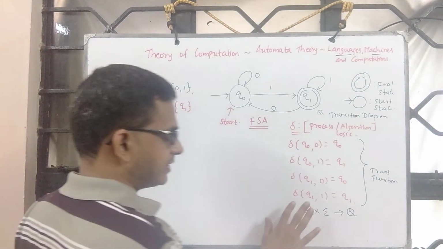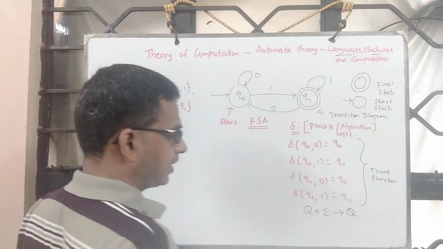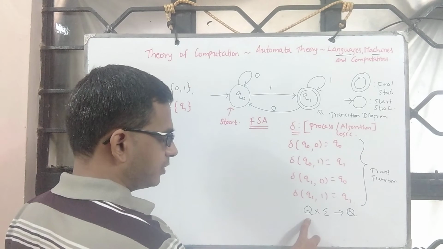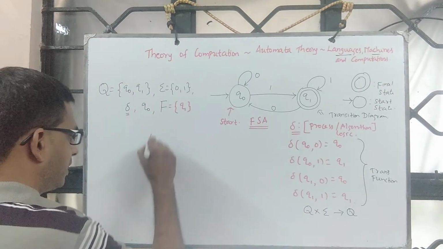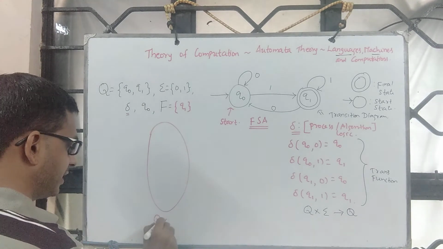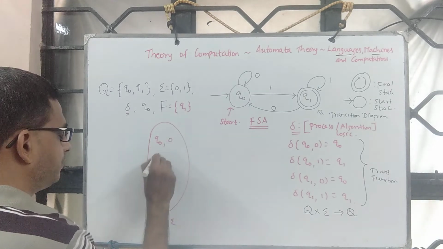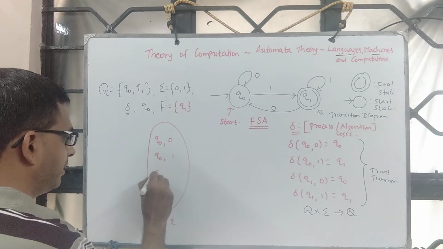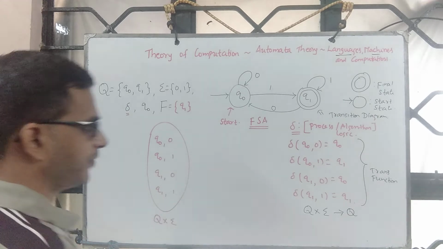First, let's understand whether it is meeting the definition of a function. It says the domain is Q cross sigma, which means what all elements are available in Q cross sigma. For this example, you find q0 comma 0, q0 comma 1, q1 comma 0, q1 comma 1.